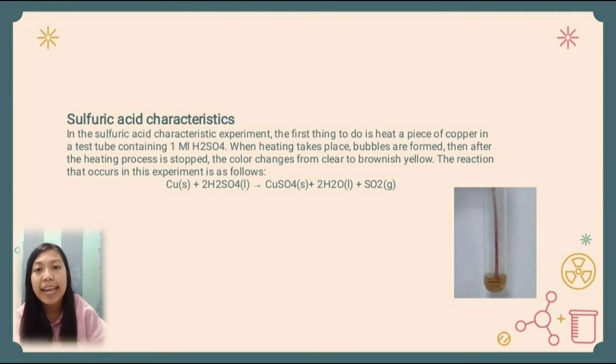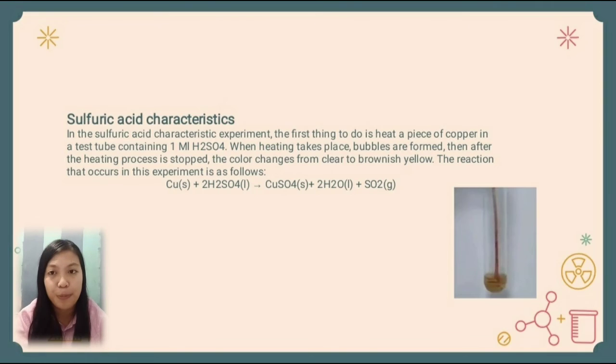Then after the heating process is stopped, the color changes from clear to brownish yellow. The reaction that occurs in the experiment is as follows: Cu plus 2H2SO4 produces CuSO4 plus H2O2 plus SO2.